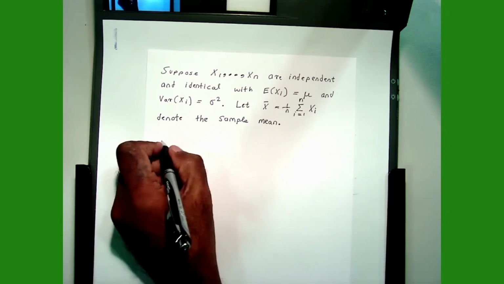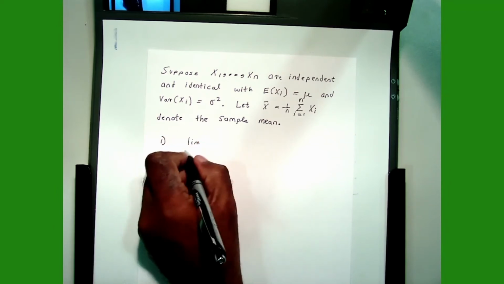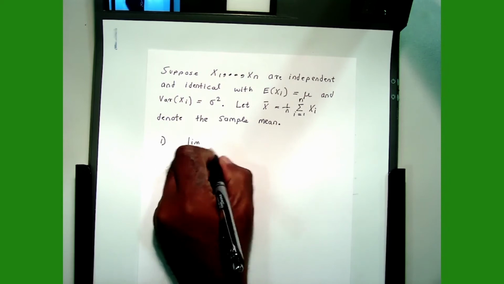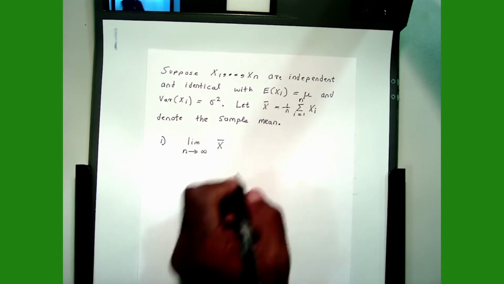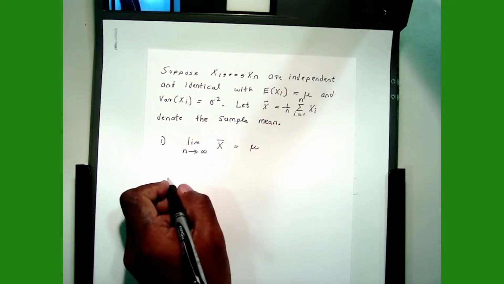So the first result is the following: we take the limit as n goes to infinity of X bar, and what you have is the population mean, which is mu.